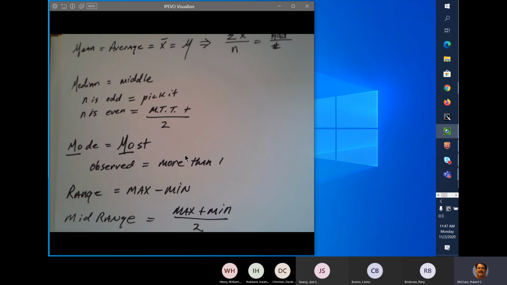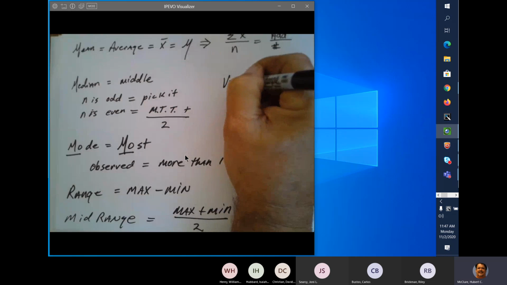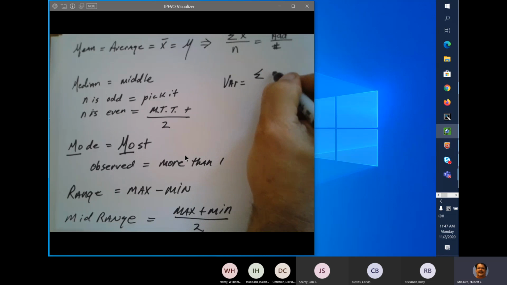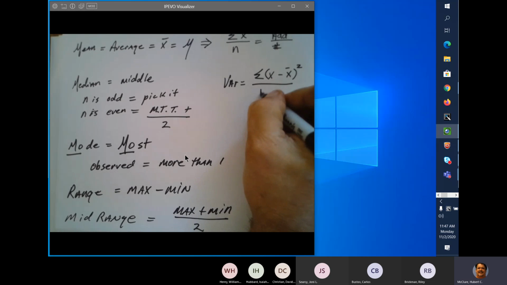the formula for the variance and the standard deviation. Variance is equal to the summation of x minus x bar, quantity squared, divided by n minus 1.